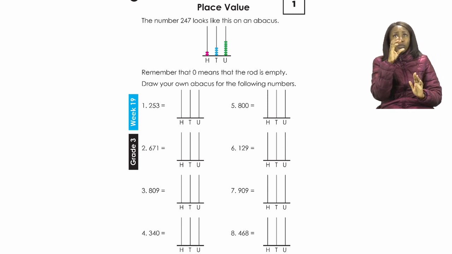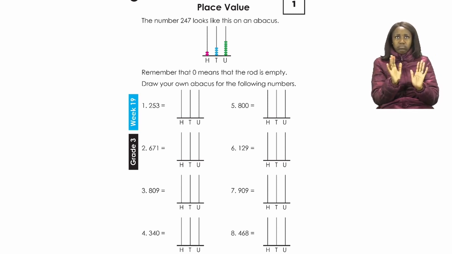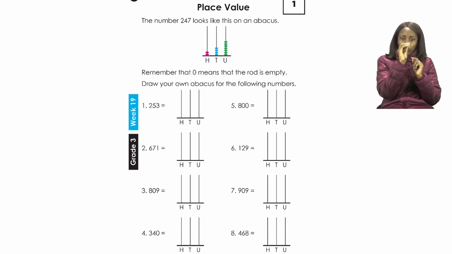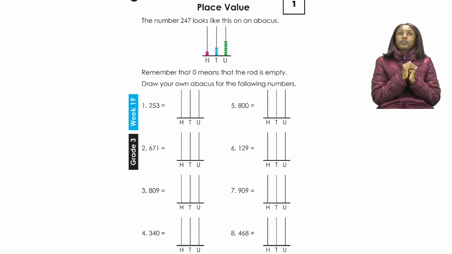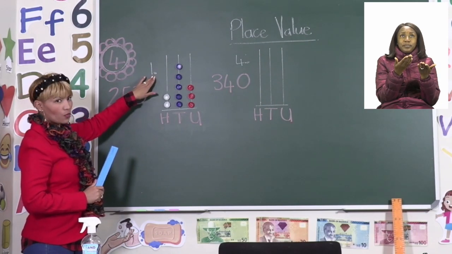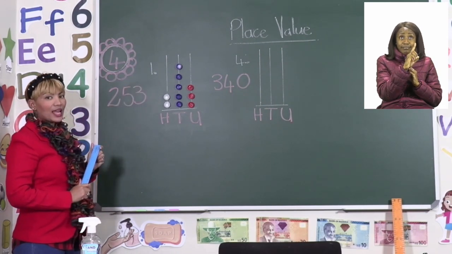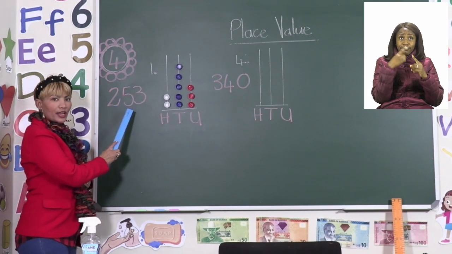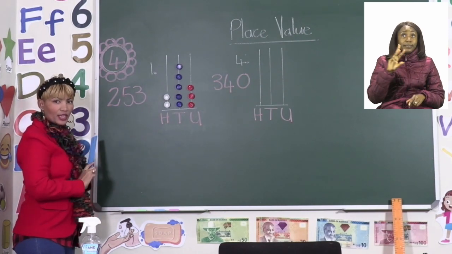Then it says, you have to draw your own abacus for the following numbers. I have written down 2 examples for you on the board. The first one is number 1. Okay, the number for number 1 is the number 253.